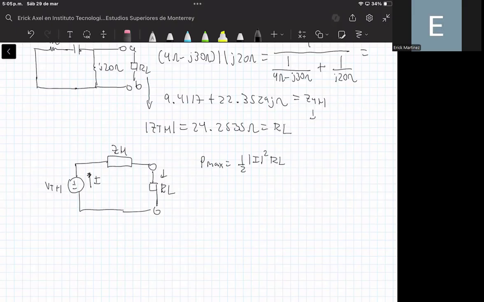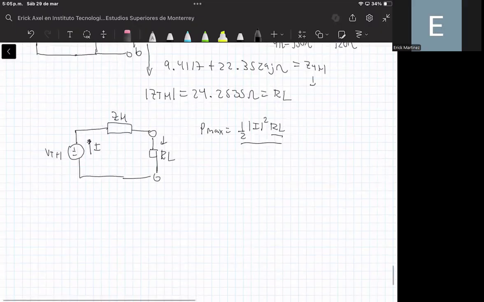So you can use this formula to directly compute the maximum average power transfer, considering that we only have a purely resistive element. So what you can do is substitute the values that we already have for this circuit.